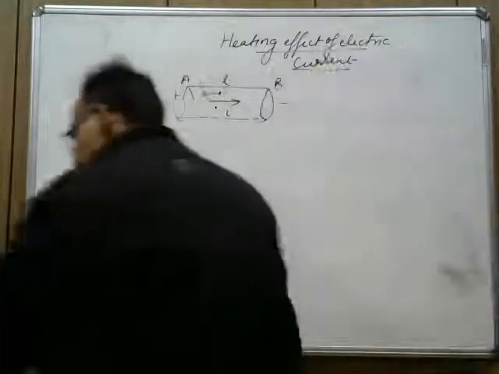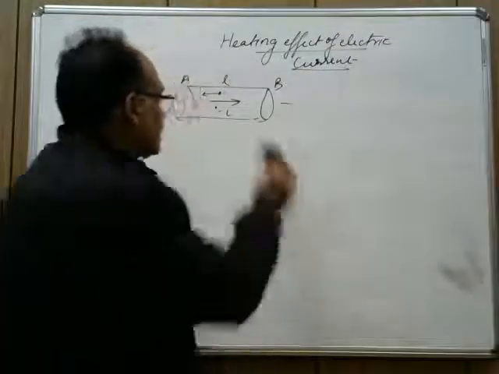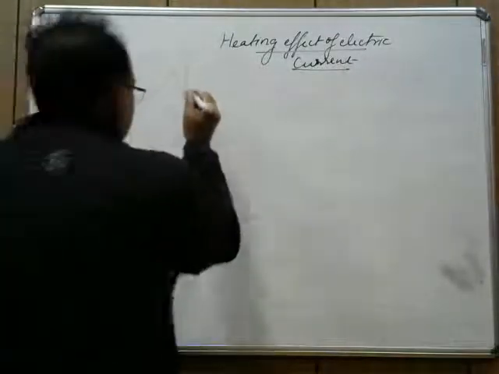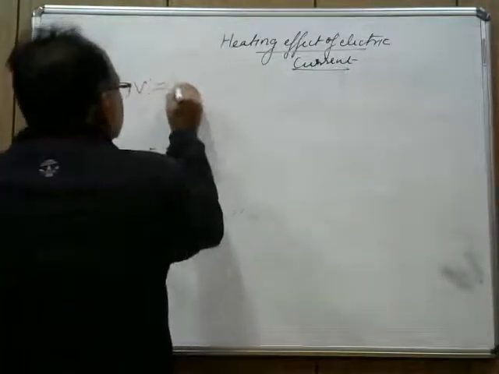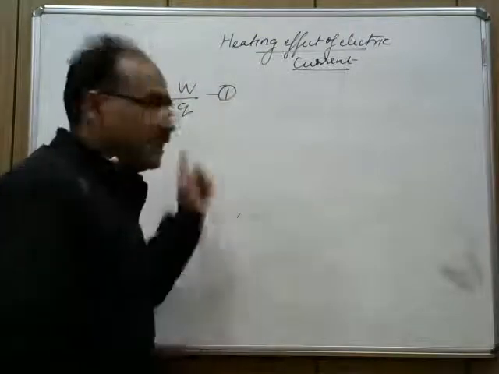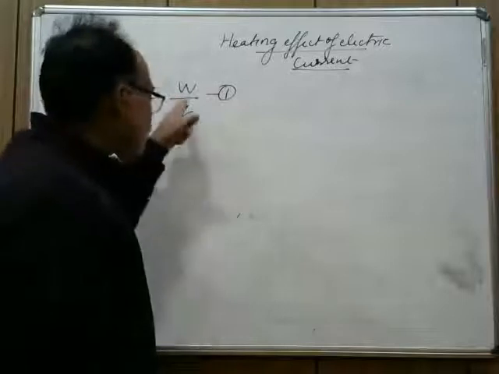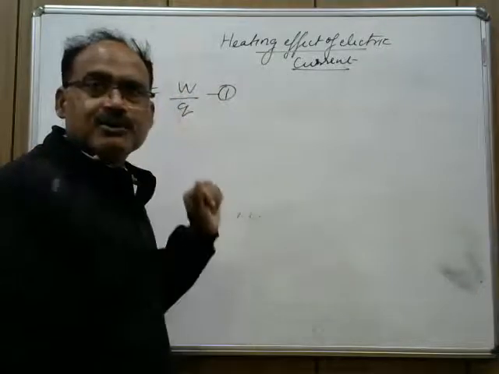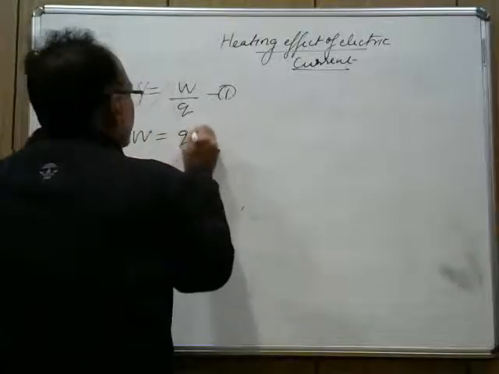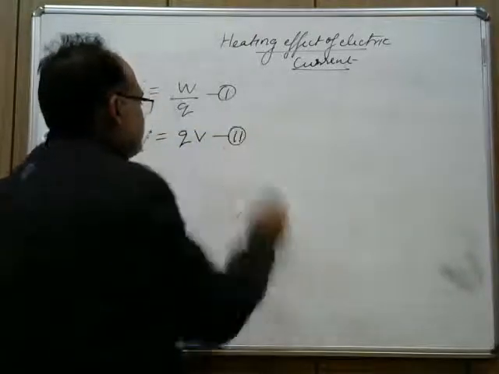Now we will start with the basic relation, that is V is equal to W by Q. This is expression 1. That is, potential difference is equal to work done in moving unit positive charge. Now we can calculate this work is equal to Q into V. This is second.